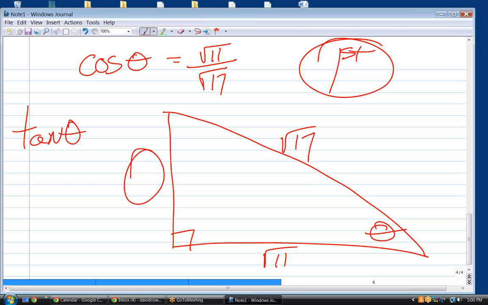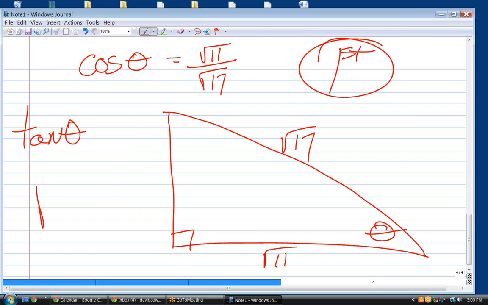Wait, you add them? No, remember your answer starts out square root of, and you're solving for one of the legs. So when you're solving for one of the short sides, there's going to be subtraction going on inside the square root. So it's square root of 6? Uh-huh.